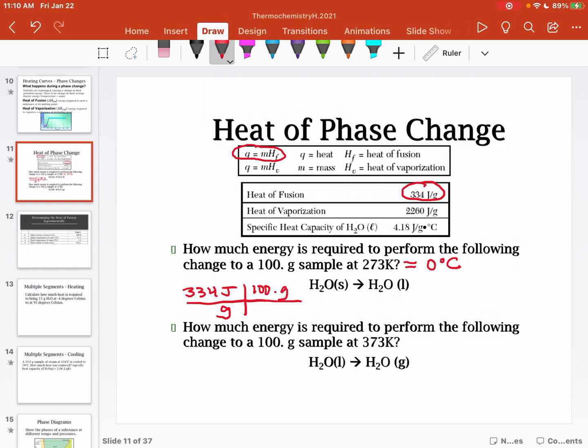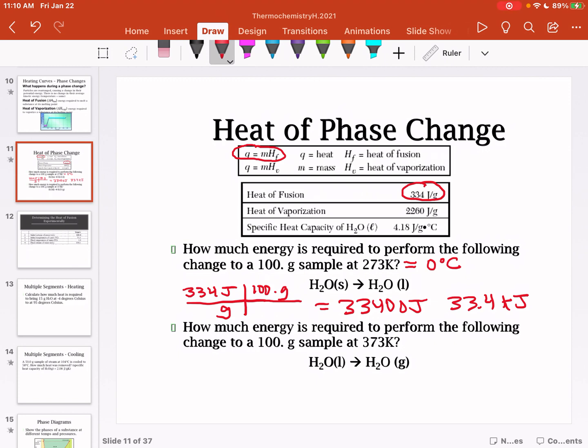So grams are going to cancel there and there, and I get 33,400 joules. And as we said, usually we end up using a lot of heat, so that's also known as 33.4 kilojoules.